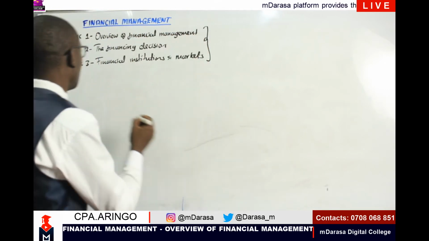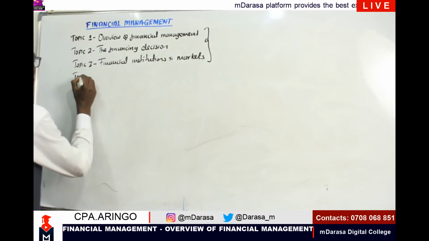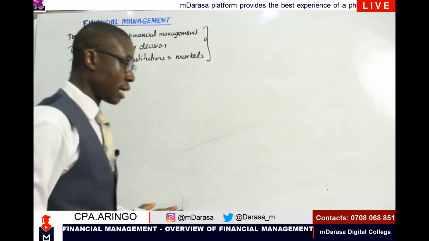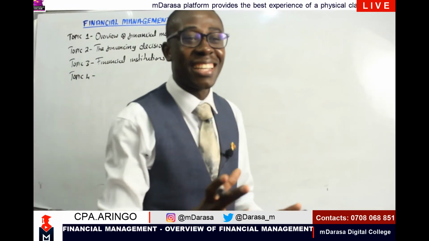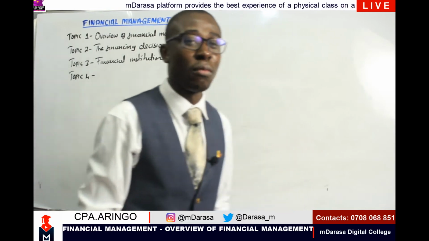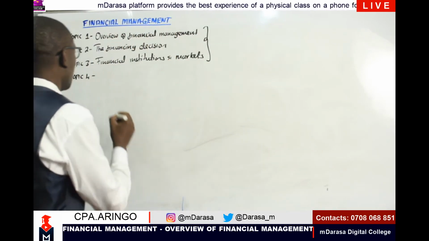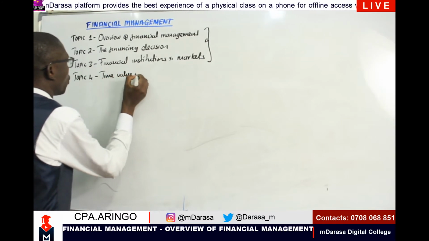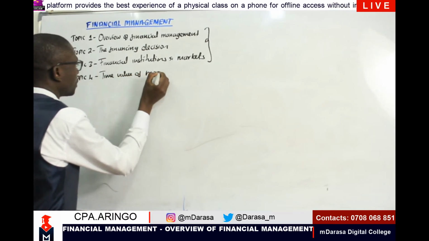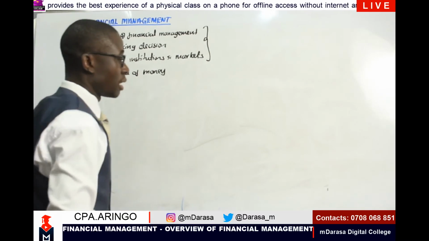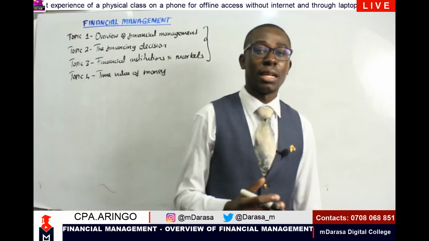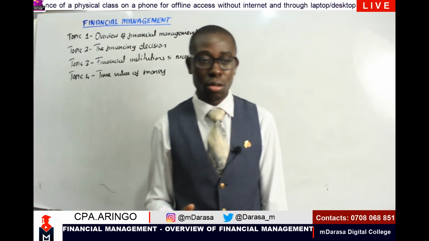Now, talk of topic number 4. In this case, it will be upon us to start understanding the whole concept of money. So we'll be talking about time value of money. The concept behind time value of money, my good students, is a case whereby, take a very good example.